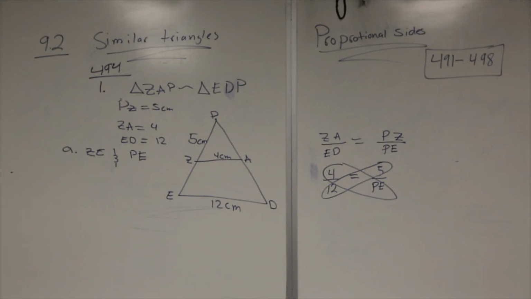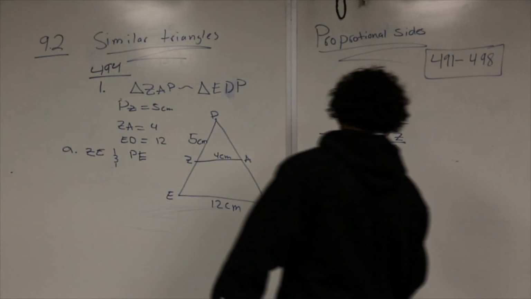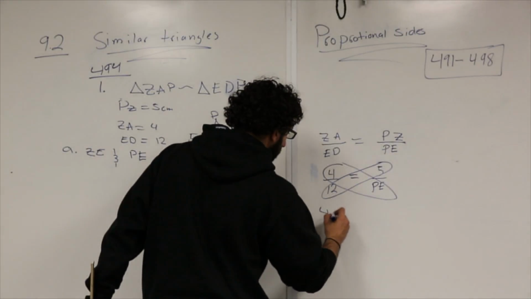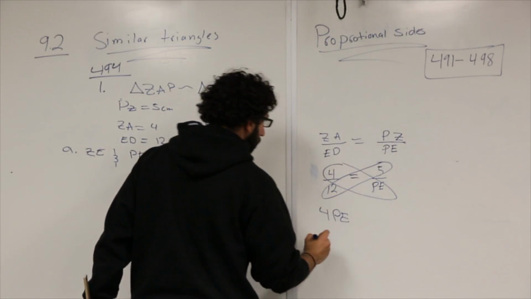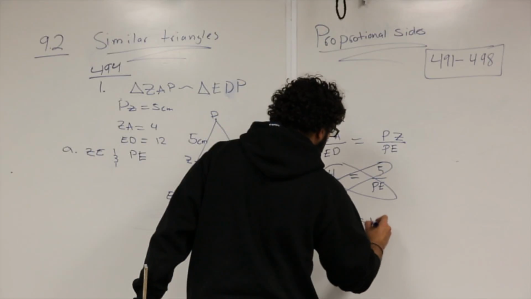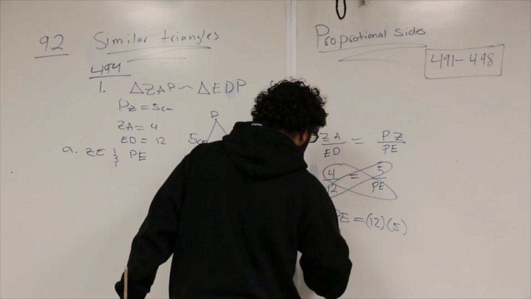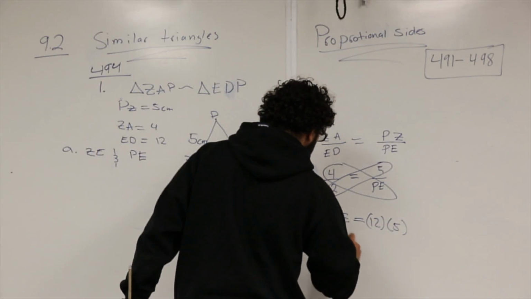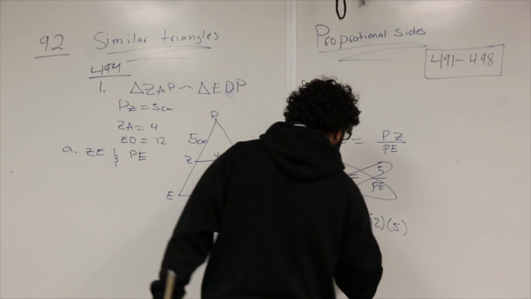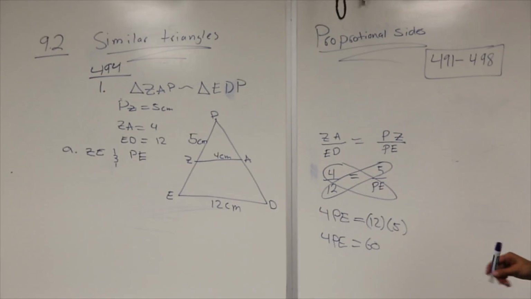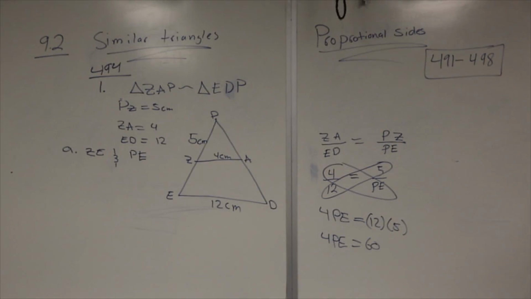And I get 4 PE equals 12 multiplied by 5. 4 PE equals 60. Now, how do we get the variable by itself? We divide.